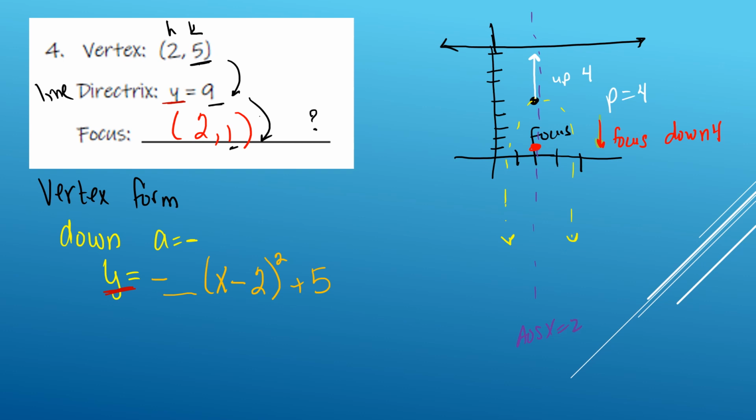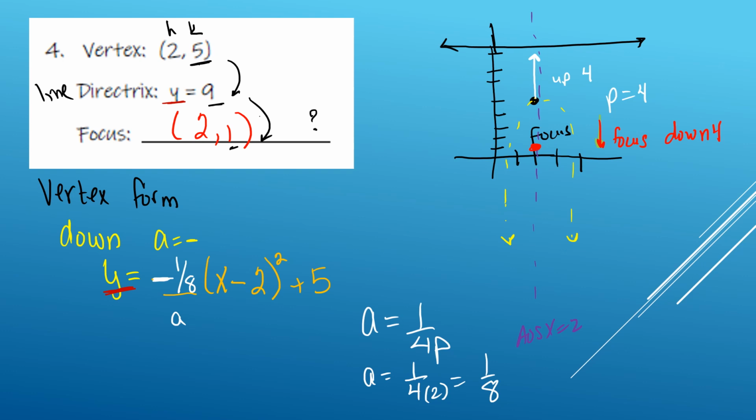All right, now that we know what our p-value is, we can work backwards to get the a. That leading coefficient, a is 1 over 4p. And our p-value, the distance we traveled, is 2. So 1 over 4 times 2 gives me 1/8. That goes in the very front as my leading coefficient.